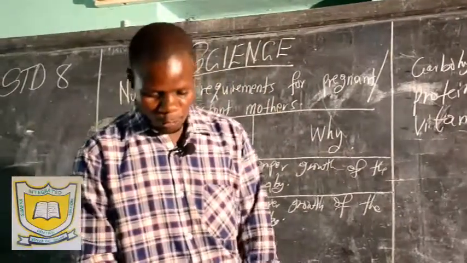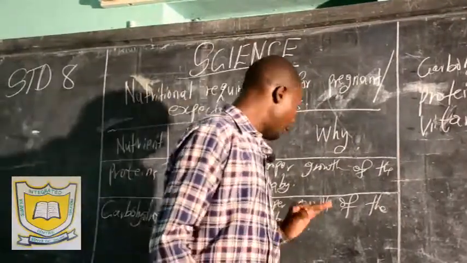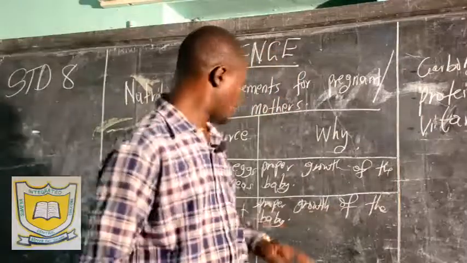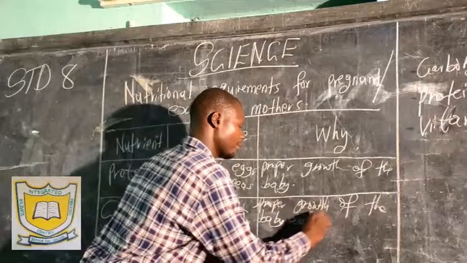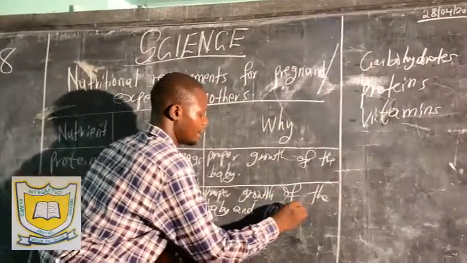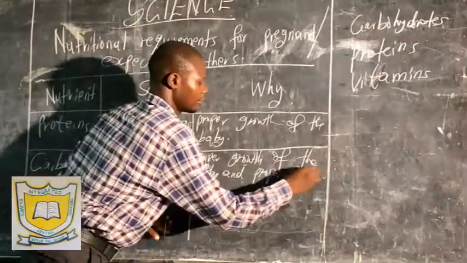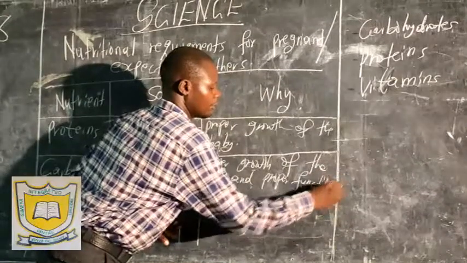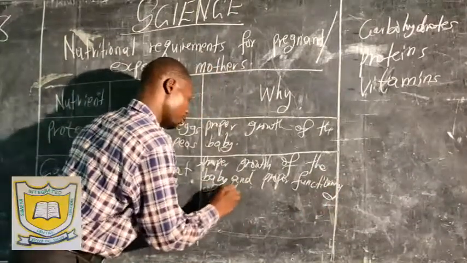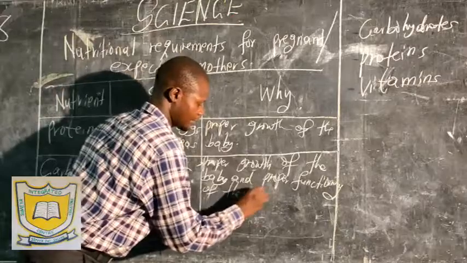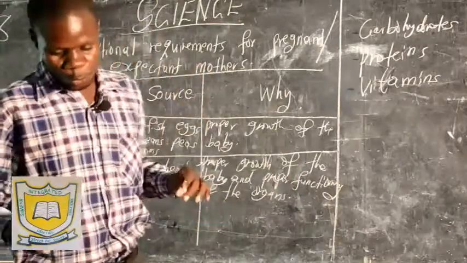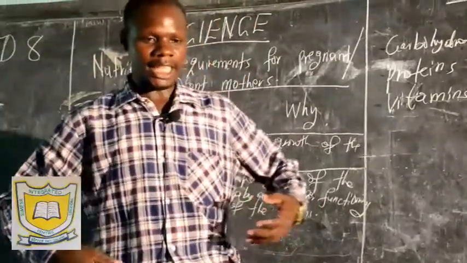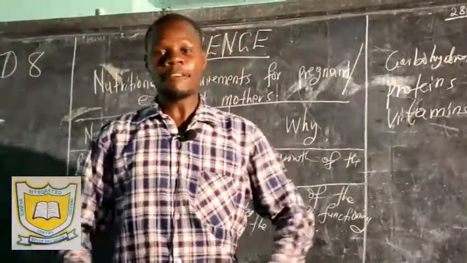We also have proper functioning of the organs as they grow well, proper functioning of the body organs. As the baby grows, also the organs, the hands, the legs, and other organs of the body function well.